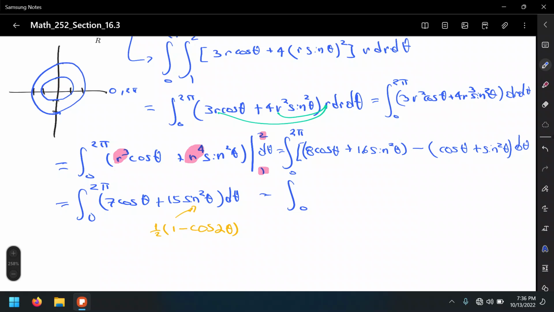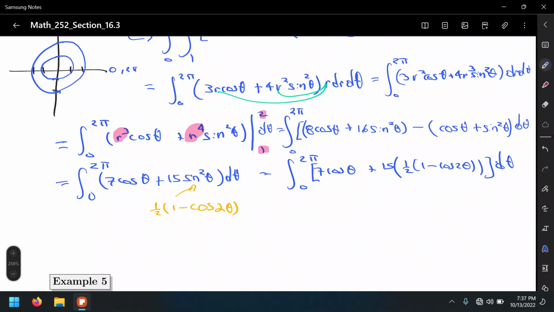So we'll have to replace with that identity, and that's equal to the integral from 0 to 2 pi. That's 7 cosine theta plus 15 times 1/2 times 1 minus cosine 2 theta, d theta.